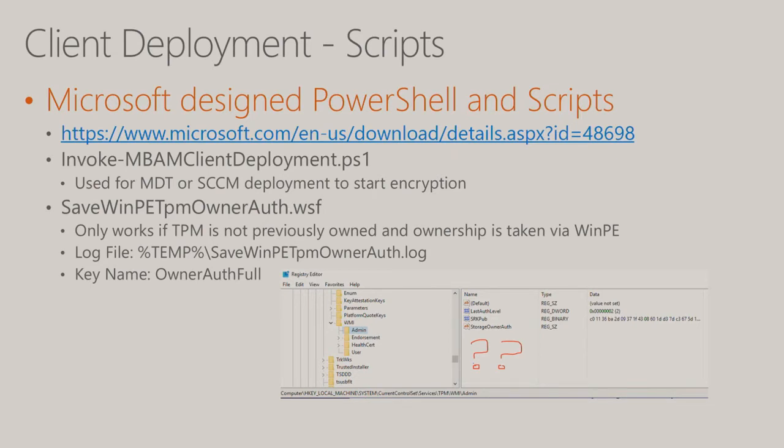The MBAM installation via deployment was pretty bad. Set these registry keys, then install this, and then take out these registry keys, and cross your fingers and stand on one foot at the same time. So they wrote a PowerShell script. It works pretty good. I've used it quite a bit. What you want to do is take out the existing enable BitLocker task sequence step later on and put this in its place.